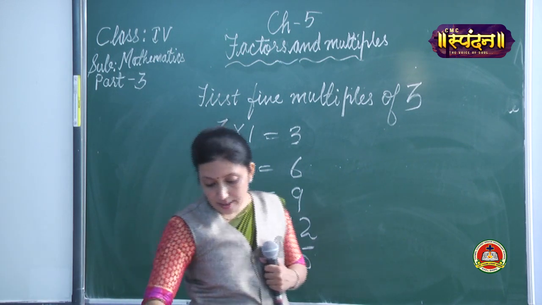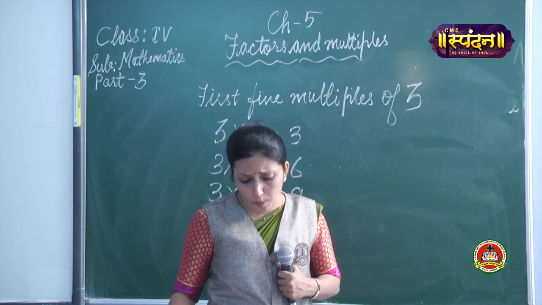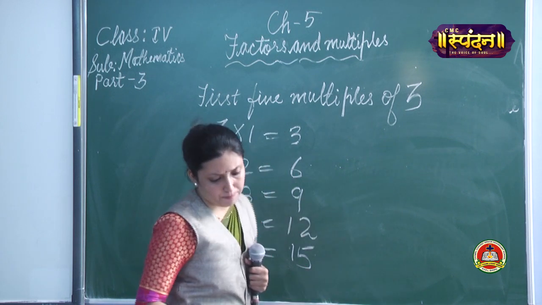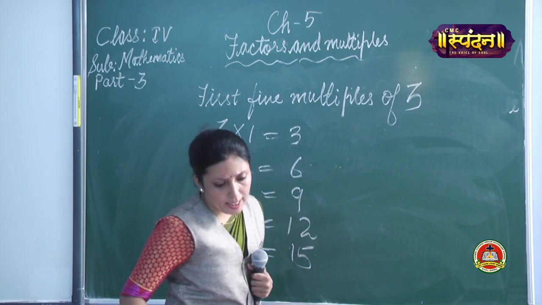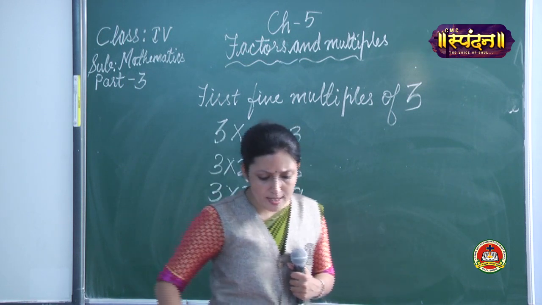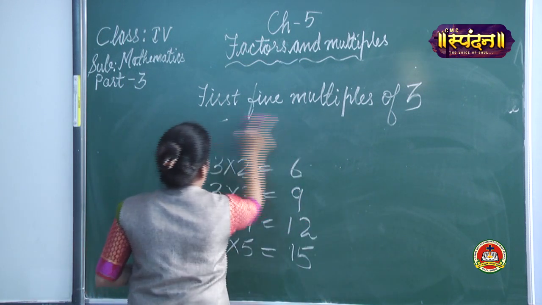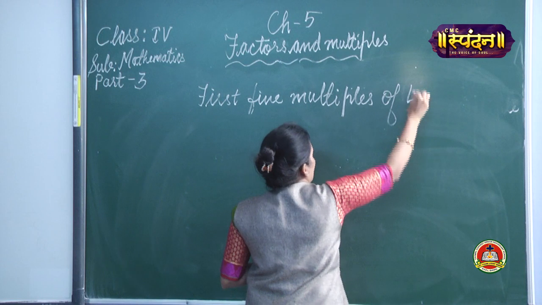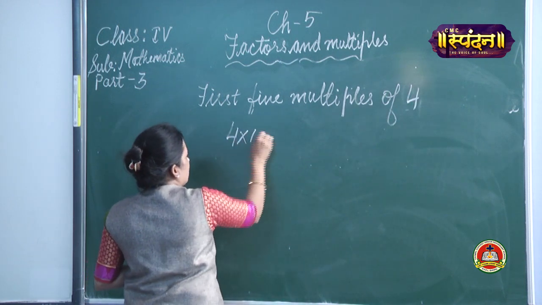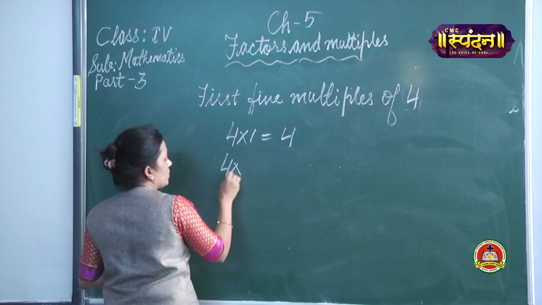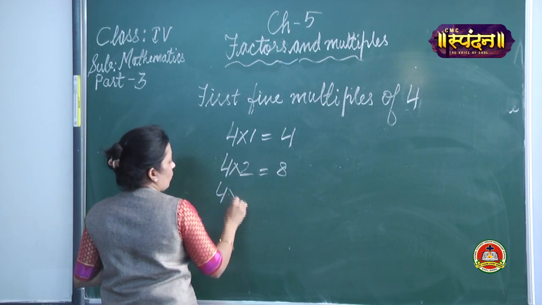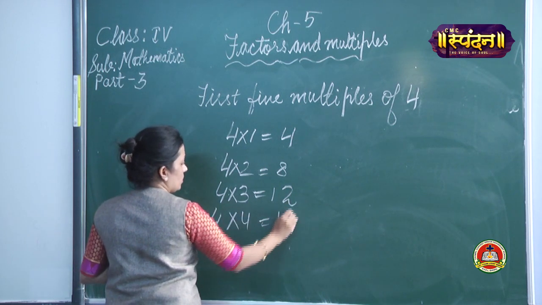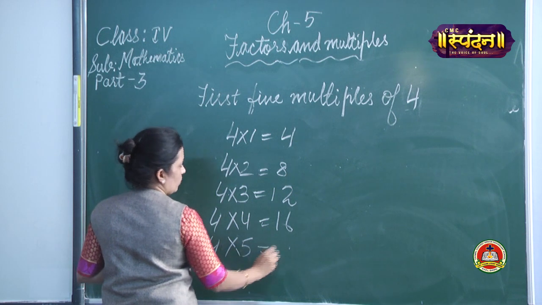Okay. Now let me take another one from your book page only, so that you will not have any confusion. Let me have another one, first 5 multiples of 4. 4 1s are 4, 4 2s are 8, 4 3s are 12, 4 4s are 16, 4 5s are 20.